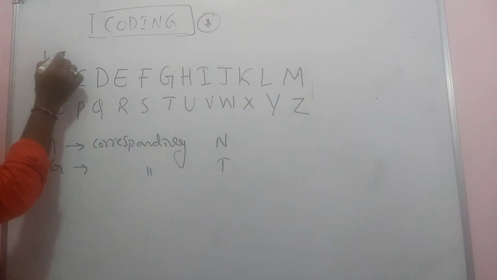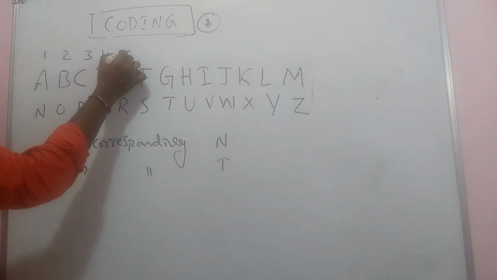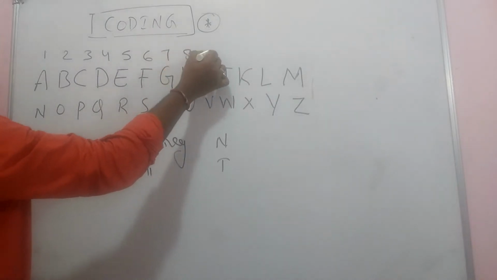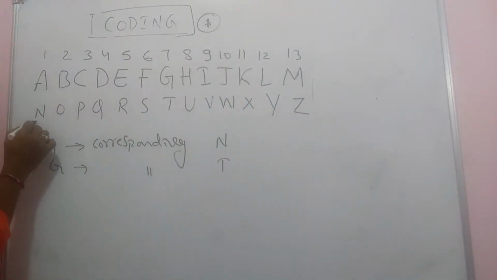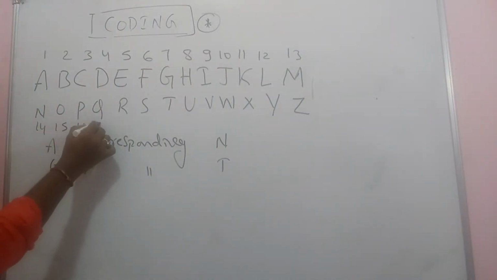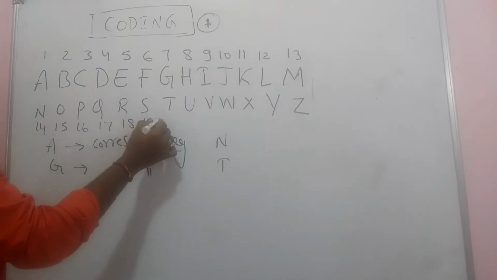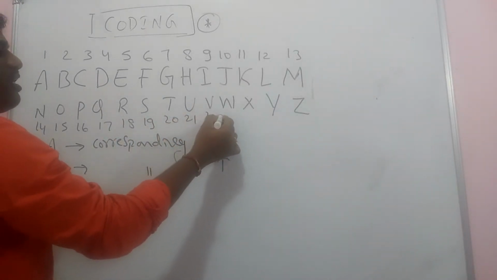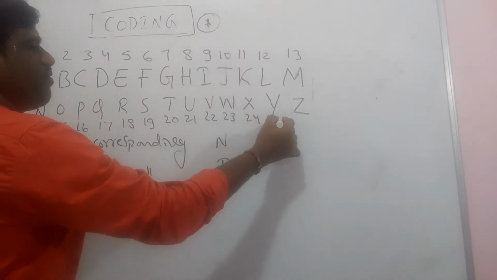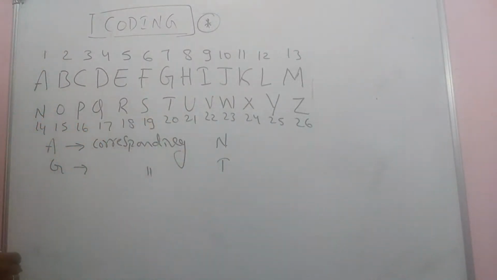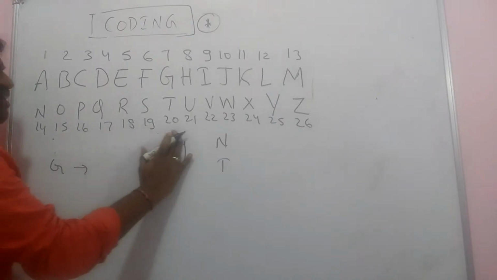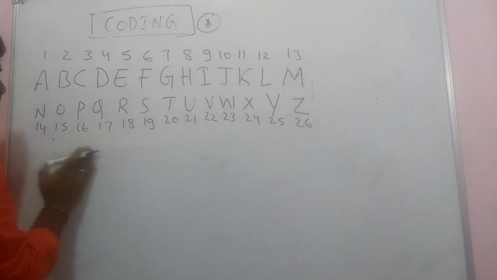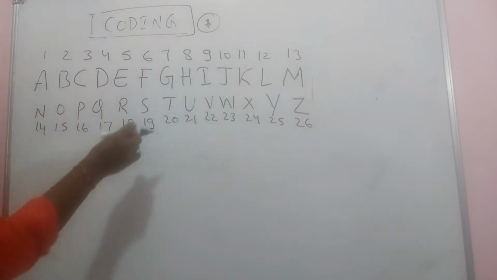This is number 1, 2, 3, 4, 5, 6, 7, 8, 9, 10, 11, 12, 13. This one is 14, 15, 16, 17, 18, 19, 20, 21, 22, 23, 24, 25, 26. Now look at the difference of any two numbers, any letter and its opposite.